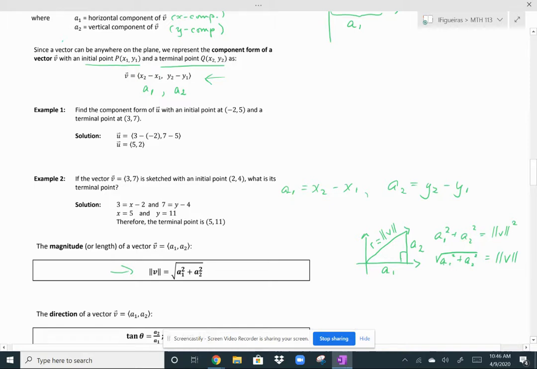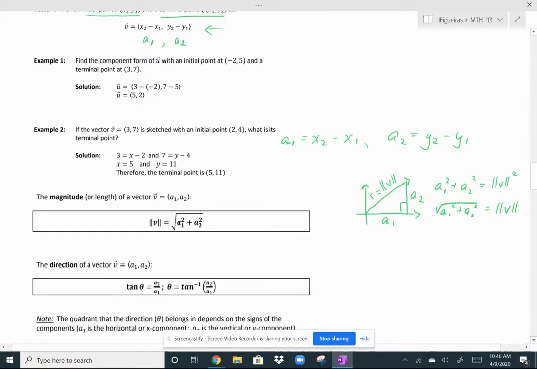Okay, so anything in a box you would want to memorize, it will make things easier for you when you get tested. And the direction should also be somewhat familiar for you, because remember, the direction is the angle created by the vector v and the horizontal line, which in this case is our x-axis.